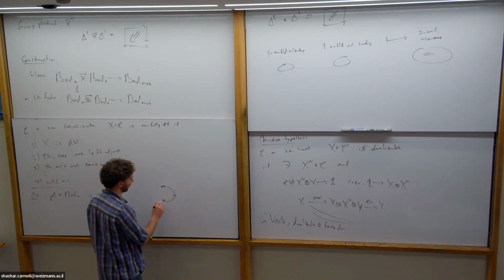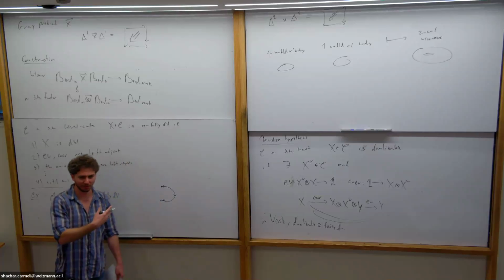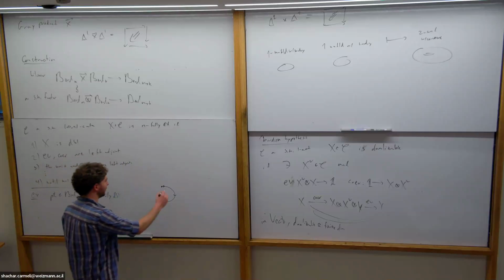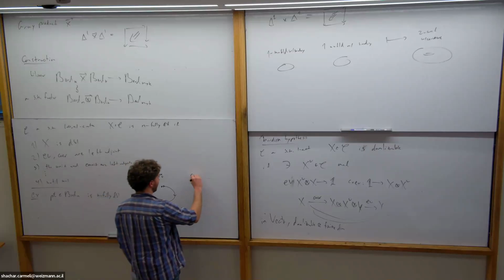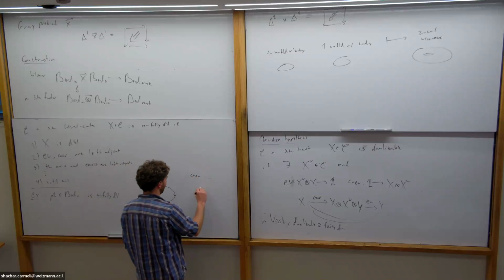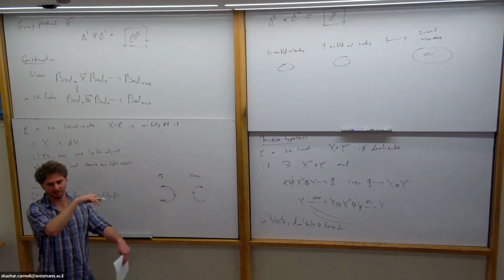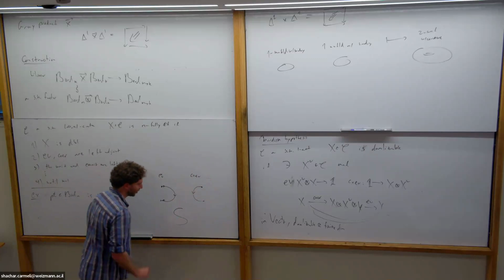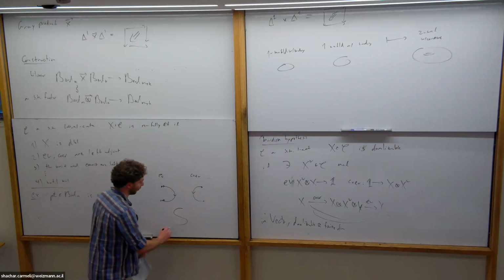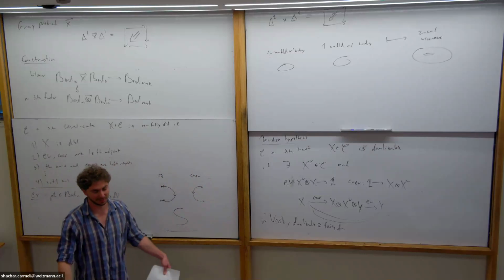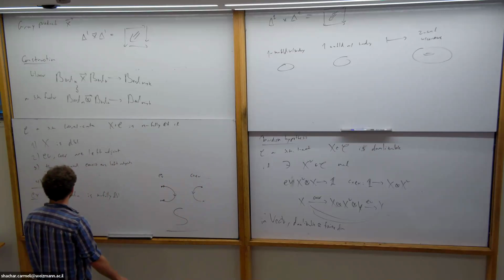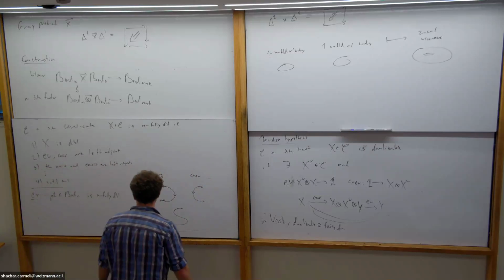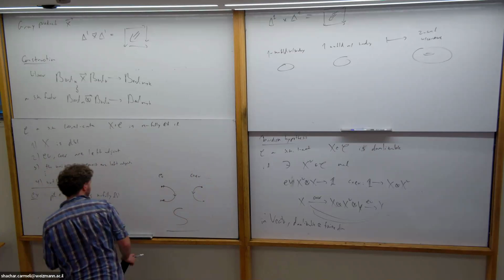This would be a positive point, and this would be a point with the opposite framing. So this will be the evaluation. And then we will also have a co-evaluation, which will be the thing going in the opposite way. If we compose them, we get something which we can straighten, which is diffeomorphic to just the straight line, which is the identity. So this gives the zigzag identities for the point, and something very similar will give you the higher adjunctions.